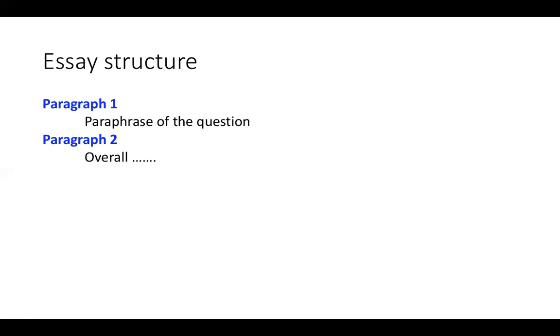You've got the overview paragraph in your essay. So you would just start off the paragraph saying overall, and then you would just report the key features without any data. So the overview paragraph does not include any data whatsoever. You're just reporting the general picture of the data.